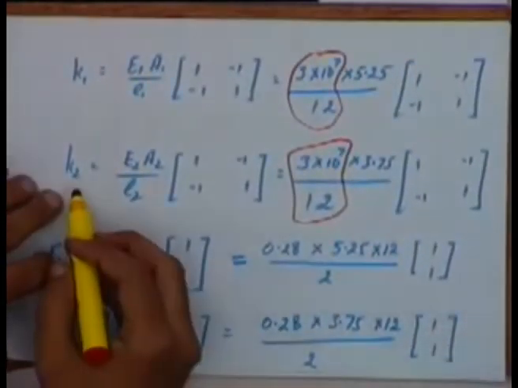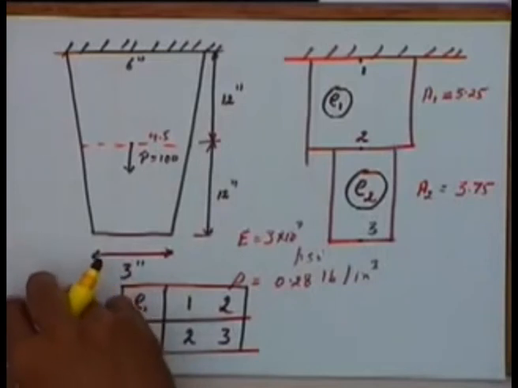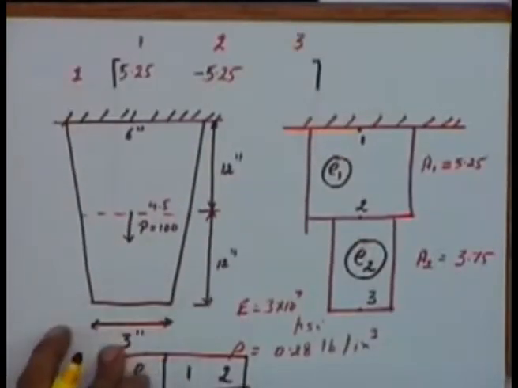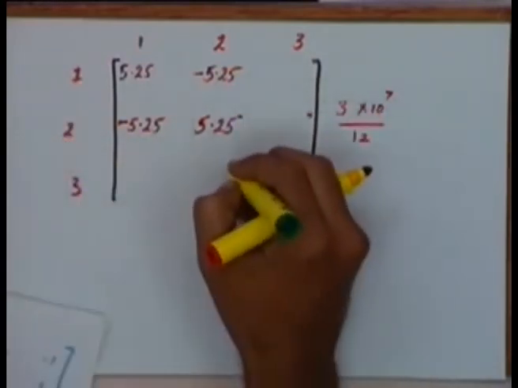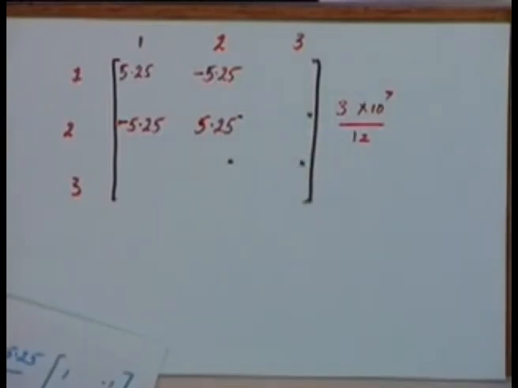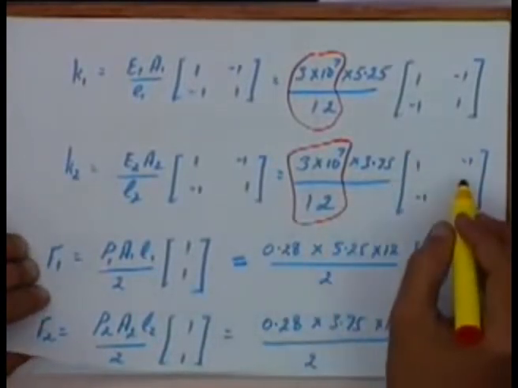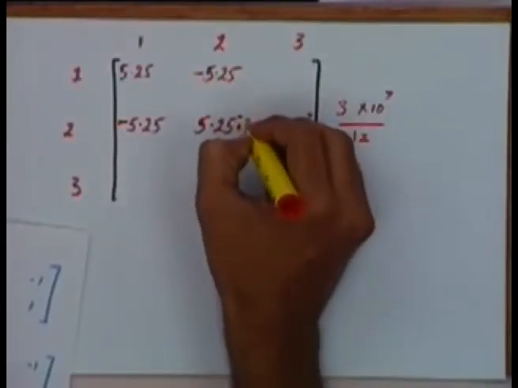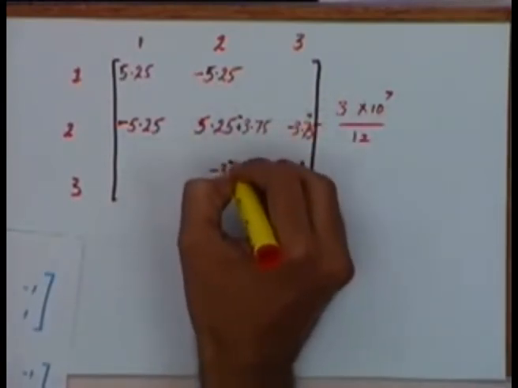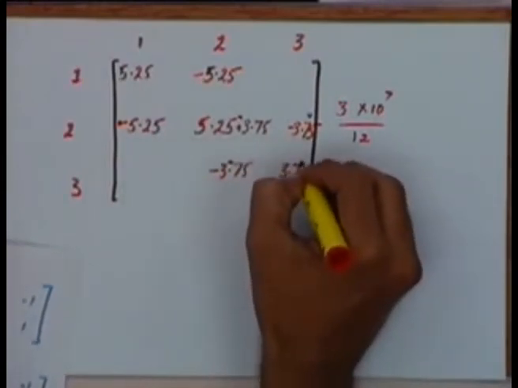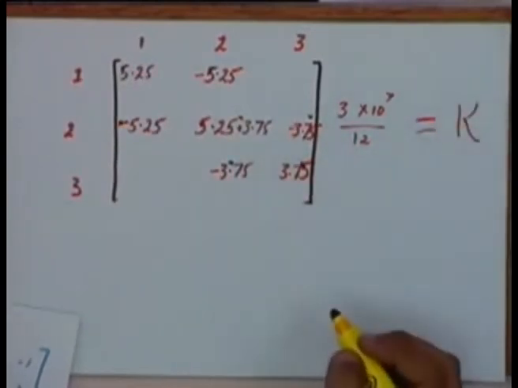If I take the second element, that is defined between nodes 2 and 3, so it will take locations 2 and 3, the second row and the third row and the second column and the third column, and in these 4 locations I'll put these 4 terms. So I'll get this plus 3.75, here I'll get a minus 3.75, minus 3.75 and a plus 3.75. So this matrix will be my global stiffness matrix.